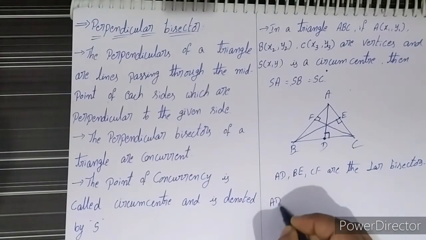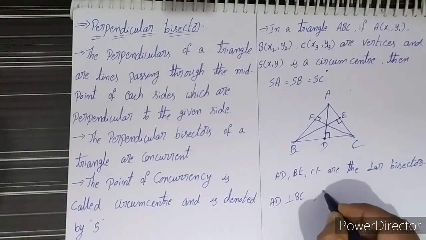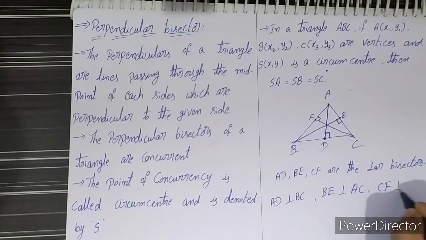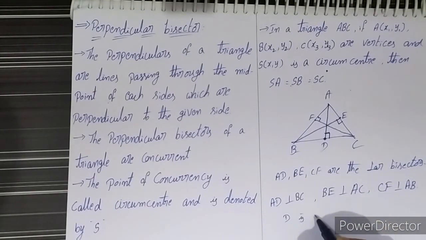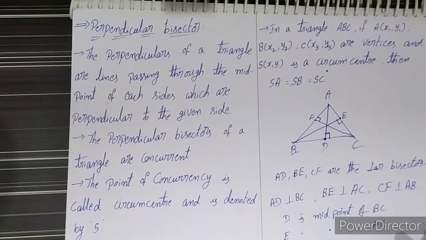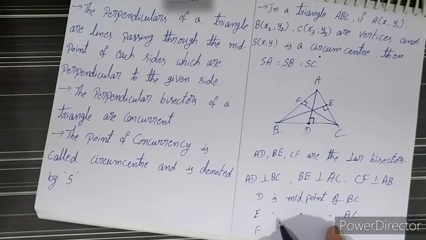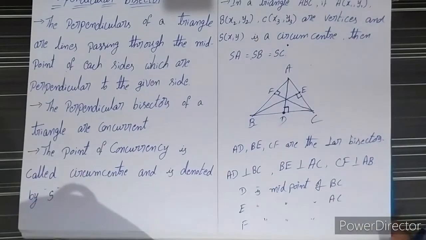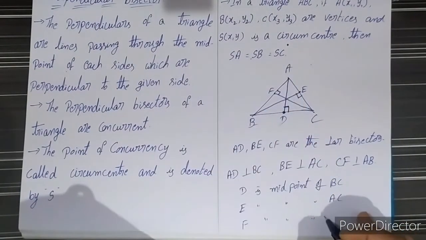That means AD is perpendicular to BC, BE is perpendicular to AC, similarly CF perpendicular to AB, and also D is midpoint of BC, similarly E is midpoint of AC, F is midpoint of AB.